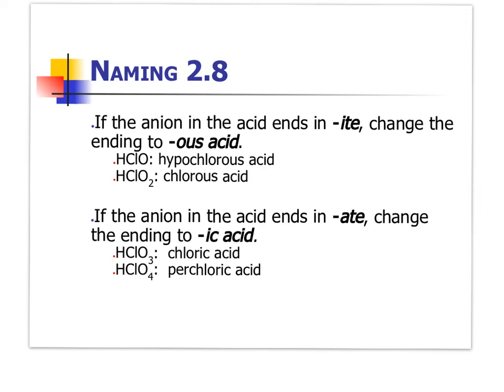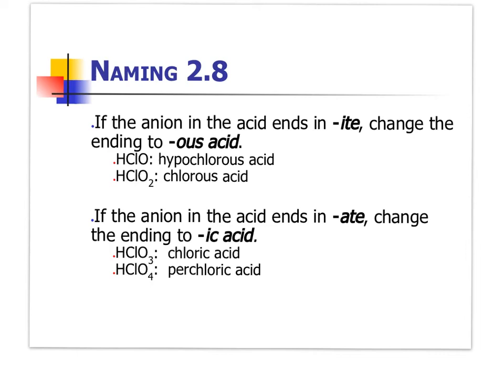Hypochlorite, ClO with a -1 charge, ends in ITE. You have a hydrogen written first. That's the other telltale sign that it's an acid. The hydrogen's written first, and you change it to hypochlorous acid. HClO2 is known as chlorous acid because it comes from chlorite. The hydrogen is written first, indicating it's an acid.